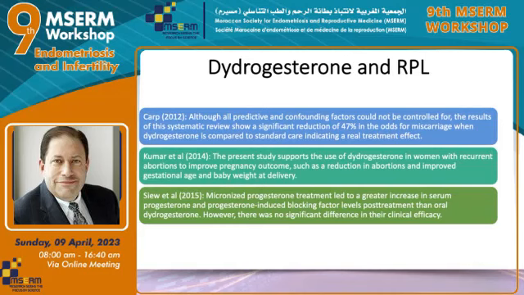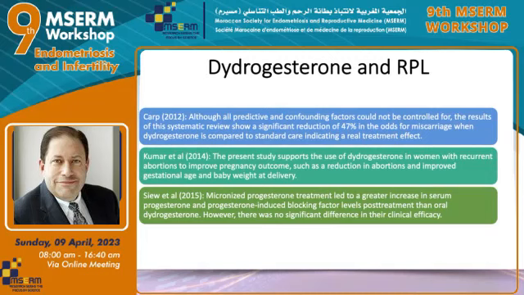And then finally, Siu in 2015 showed that micronized progesterone, which is another oral progestational therapy, led to a greater increase in serum progesterone and progesterone-induced blocking factor levels, again thought to be another mechanism for maintaining pregnancy, but had absolutely no difference when compared to women who used dydrogesterone as far as clinical outcomes.